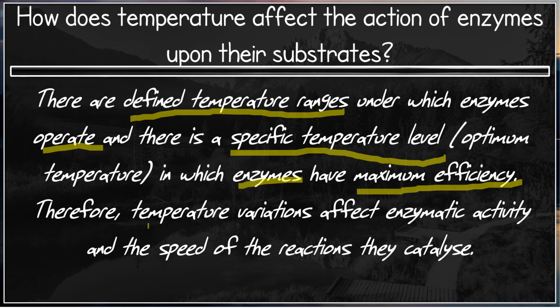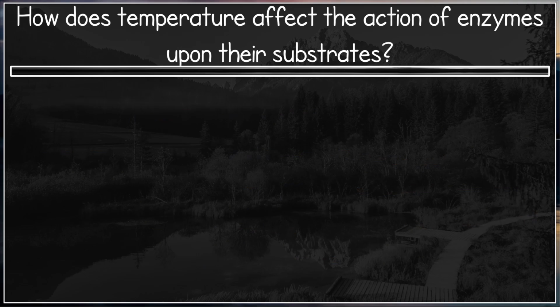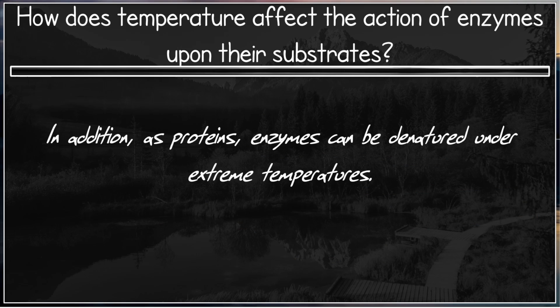Therefore, temperature variation will affect enzymatic activity and the speed of the reaction they catalyze. In addition, as proteins, enzymes can be denatured under extreme temperatures.